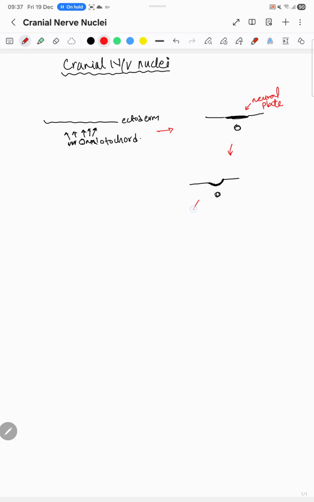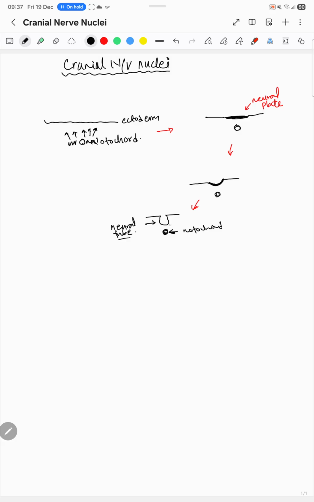And with that, this one is the notochord, and right here we have the formation of the neural tube, right? Or this one is the groove, and eventually, this is not exactly a tube, but in the next stage a tube would be formed.